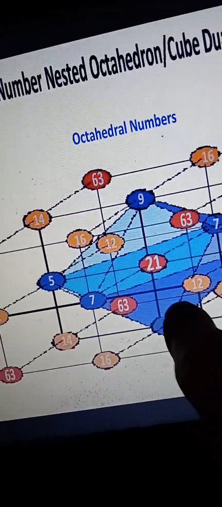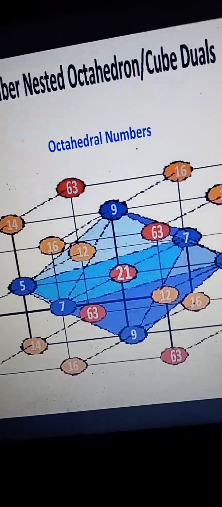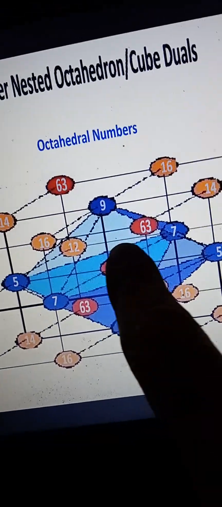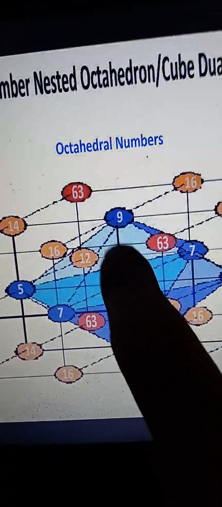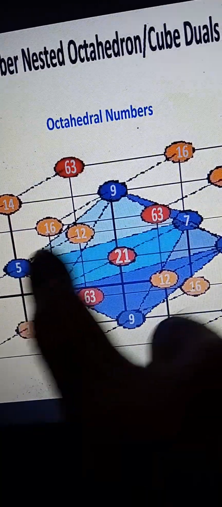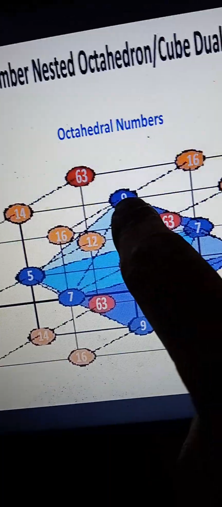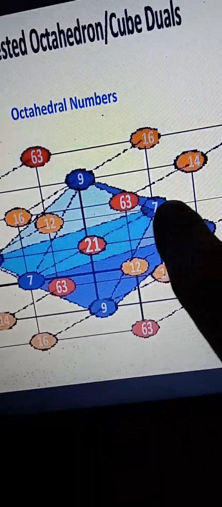1, 2, 3, 4, 5, 6, 7, 8. They're both dual to each other for different properties that they have that are inverse to each other. And this here is inverse to this.